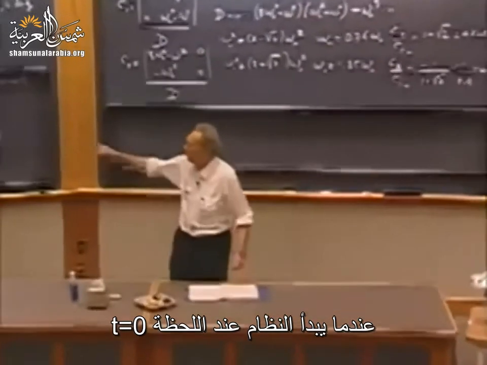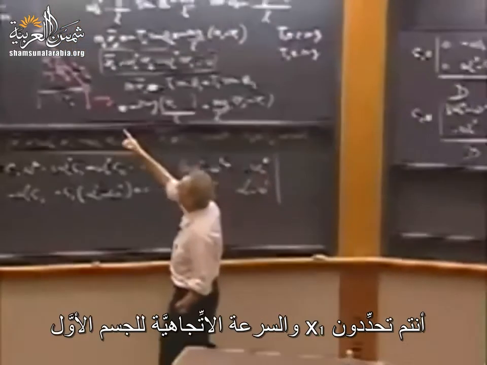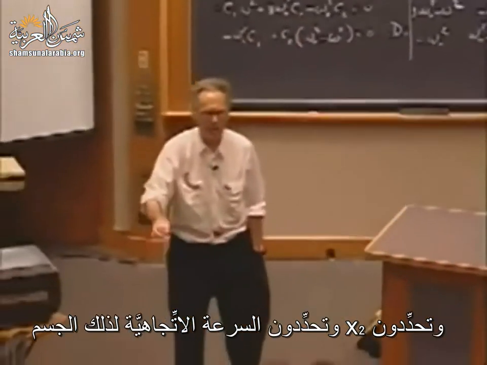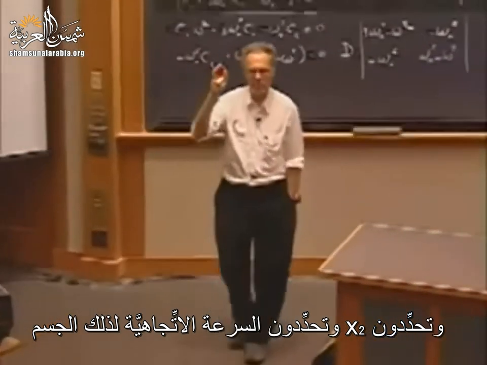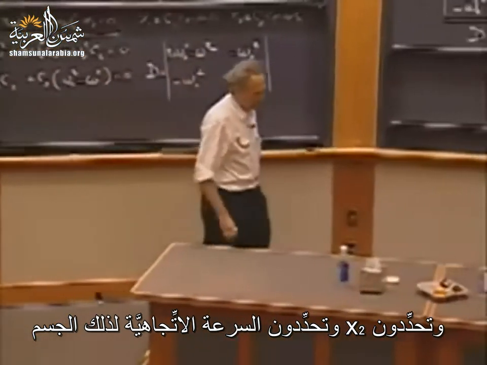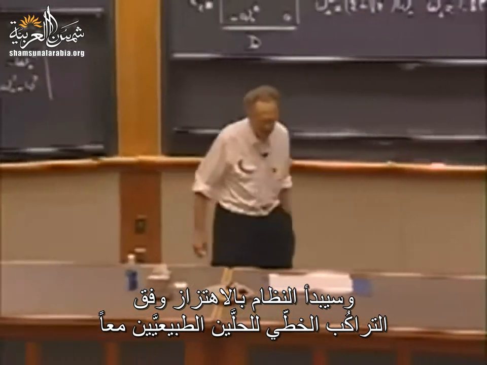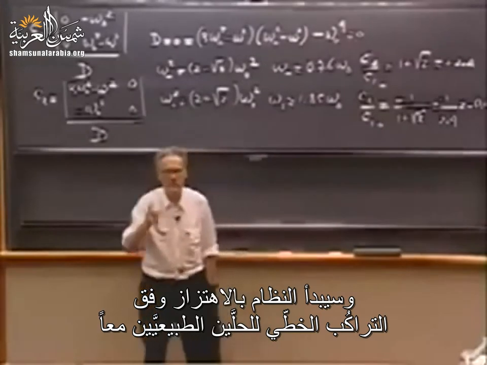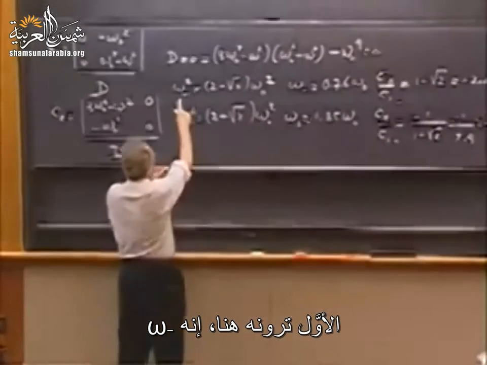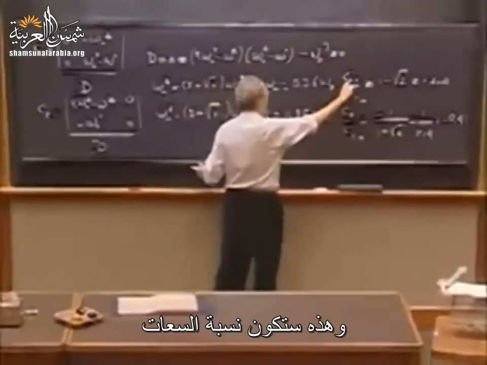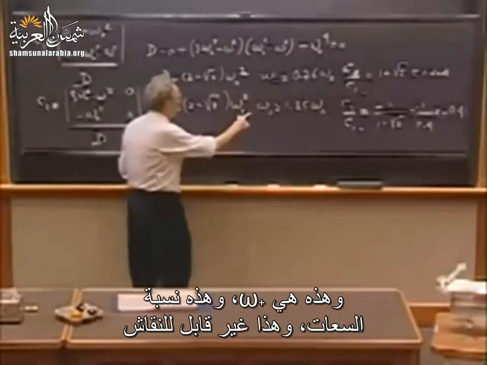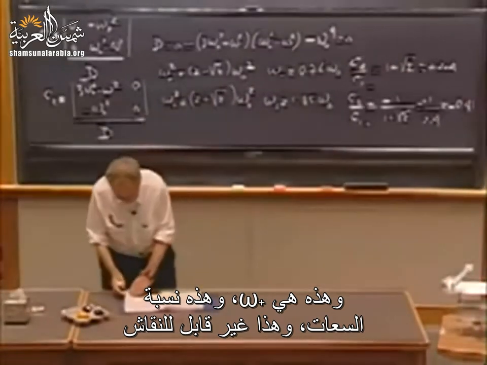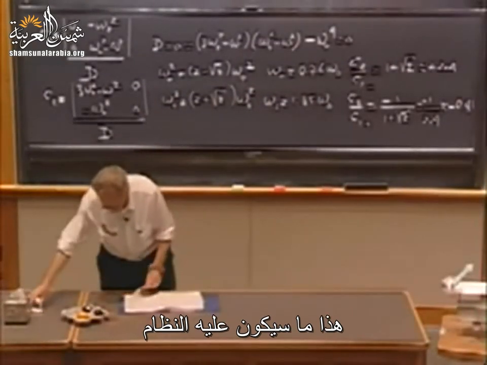So when you start that system off at time t equals 0, you specify x1, the velocity of object 1, x2, and the velocity of that object, then it's going to oscillate in the linear superposition of two normal mode solutions. One you see here has omega minus, and this will be the ratio of the amplitudes, and this is the omega plus, and that will be the ratio of the amplitudes. And that is non-negotiable. That's what the system will do.